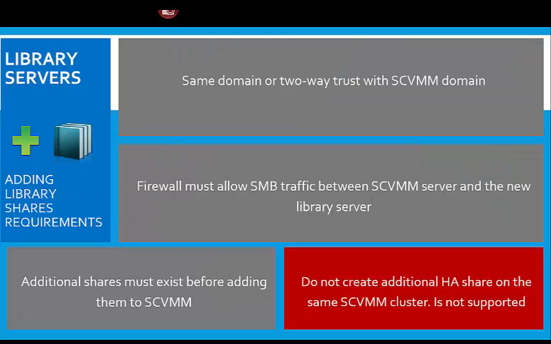Library servers can be in the same domain or in a trusted domain. Firewalls, though, must allow for SMB traffic between the SCVMM server and the library server before they can be used. Additional shares must exist before adding them to SCVMM. And don't create an additional HA share for an SCVMM cluster, as this isn't actually supported.